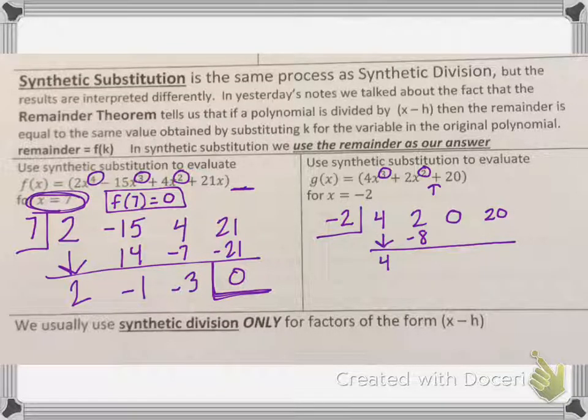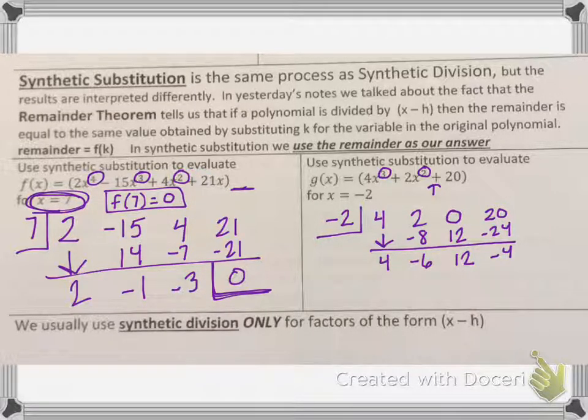2 and negative 8 is negative 6. Multiply by the box number. There's my 12. 0 plus 12 is 12. Multiplied by the box number, I get negative 24. Adding down one more time, I get negative 4. If this was a synthetic division, my answer would be 4x squared minus 6x plus 12 with a remainder of negative 4.